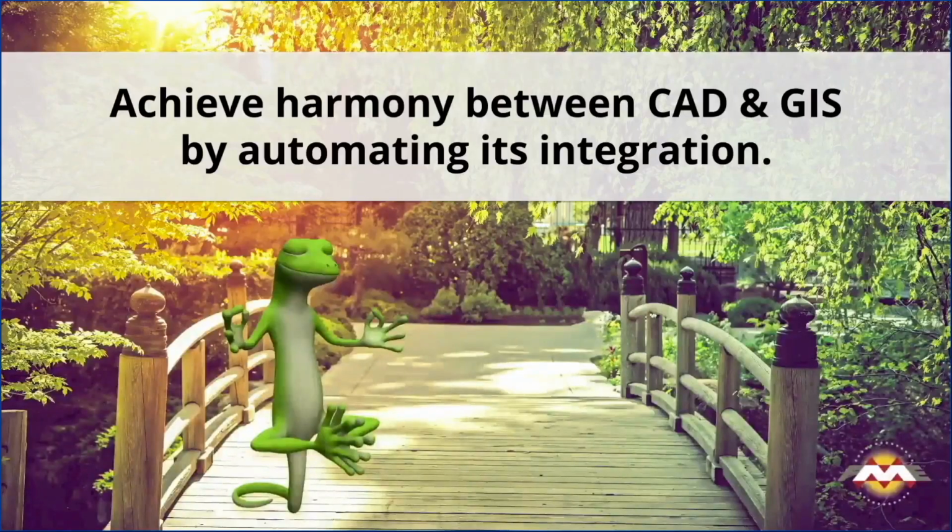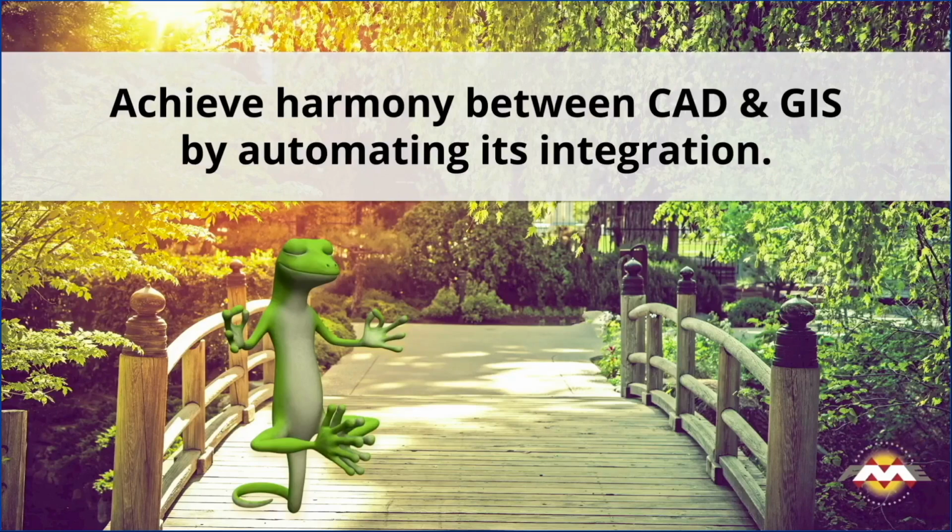Well, thanks very much, Jovita. And thanks everyone for tuning in today to hear us talk about achieving harmony between CAD and GIS by automating integration. We advertised it as 8 simple ways. We actually had 7 plus 2, well, 7.5, because we did 2 kinds of schema drift. So I'm going to call that 8, but we hope you enjoyed all the different examples that we showed.